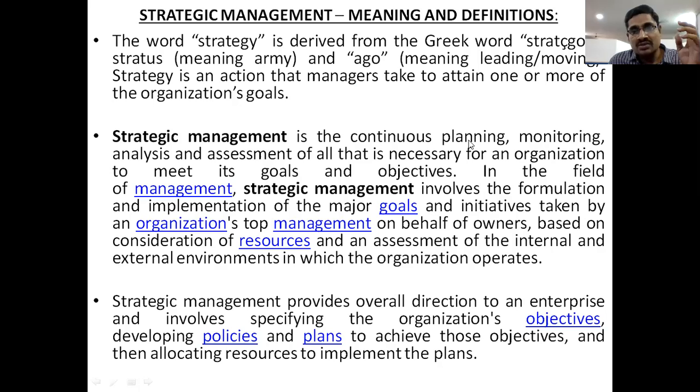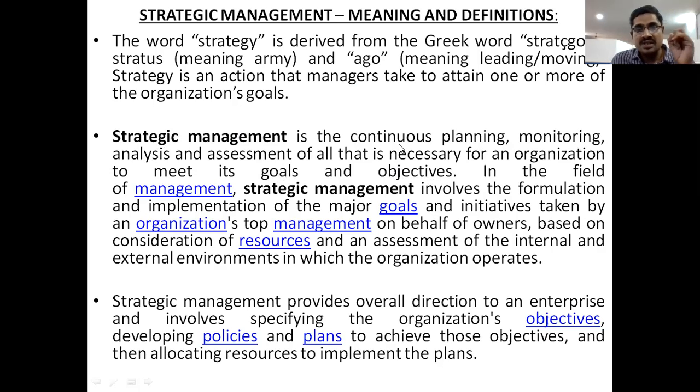So this continuous planning, continuous checking and monitoring of each and every process of business organizations, analysis of each and every report, and assessment, meaning checking of our performances, for achieving the goals and objectives of the company. That is called strategic management.